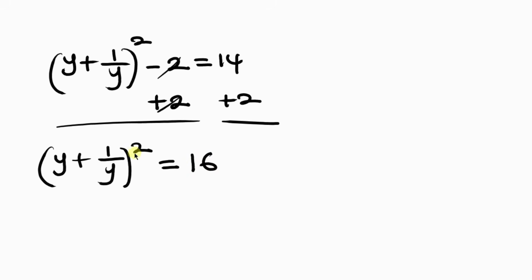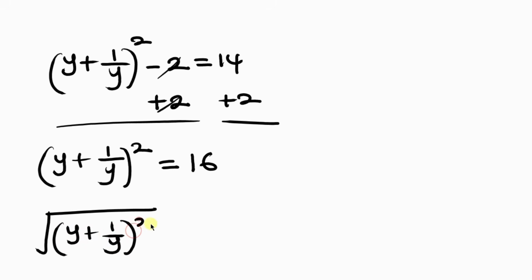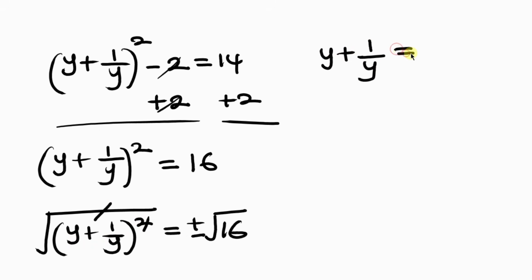Very good. Now let's get rid of this square by taking the square roots of both sides. So I'll take the square root of (y plus 1 all over y) all raised to power 2. This is equal to plus or minus the square root of 16. Now this square root cancels out the square, leaving behind y plus 1 all over y equal to plus or minus the square root of 16, which is 4.